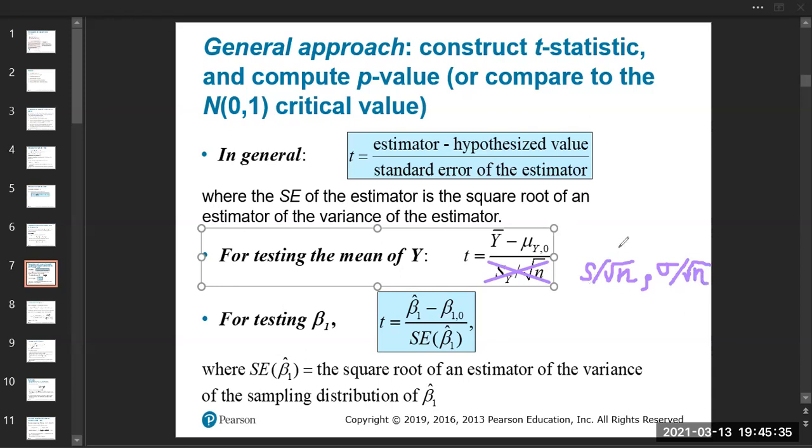So these two are the standard errors when we are testing our y bar.